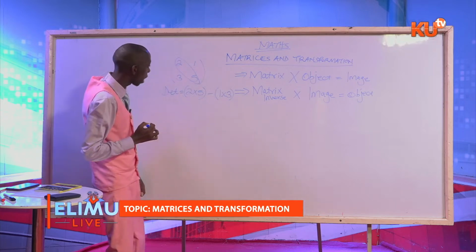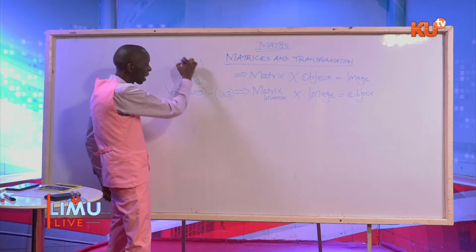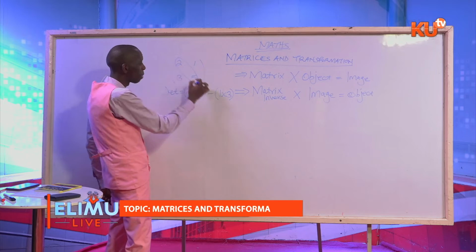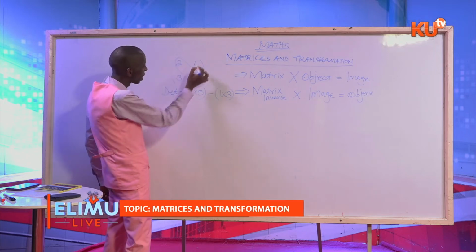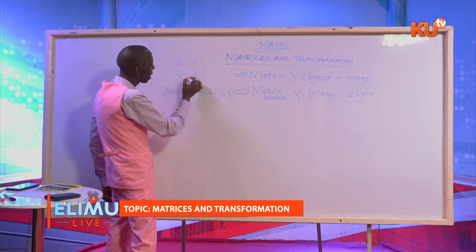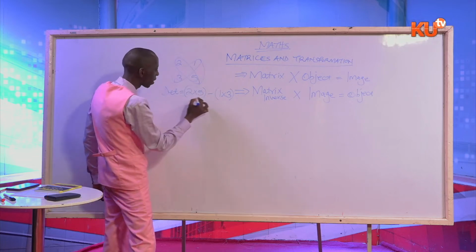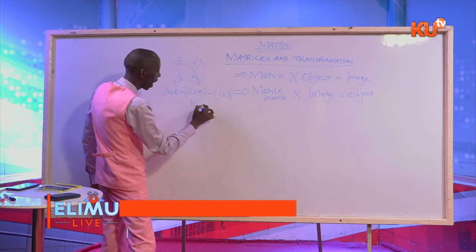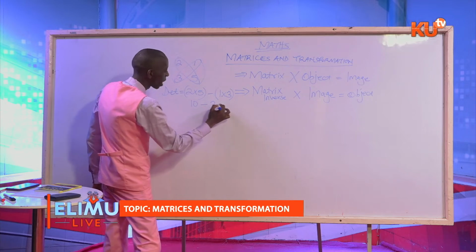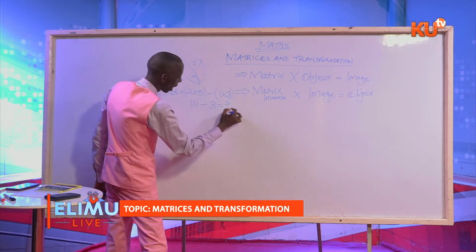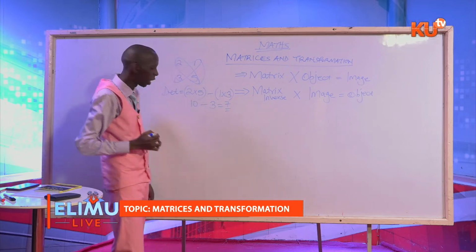So the determinant of our matrix will be 2 times 5 minus 1 times 3. 2 times 5 is 10, minus 3 is 7. I know that you have your calculators.